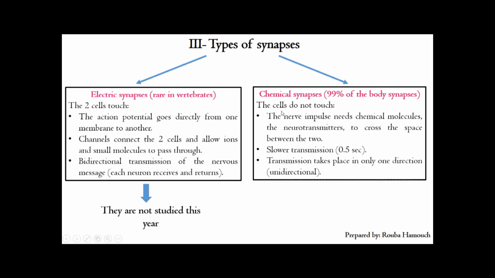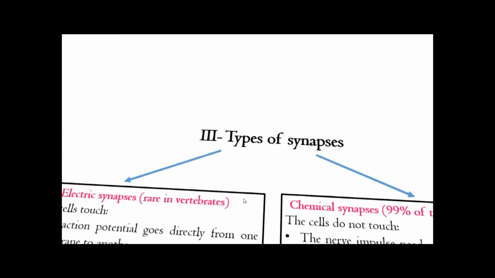Knowing that the space between these two cells is considered as an electrical insulator, so the nerve impulse cannot cross the space, so we need chemical molecules in order to transmit the message. The transmission is slow, 0.5 seconds, and it takes place in only one direction, so the nervous message in the chemical synapses is unidirectional. It always passes from one cell to another and it doesn't turn back.